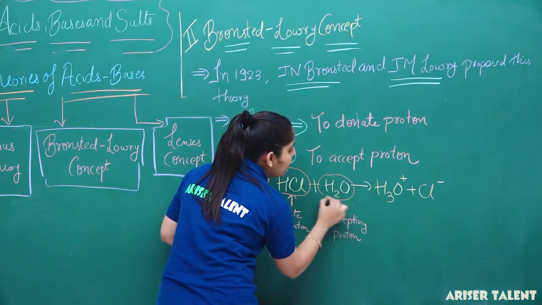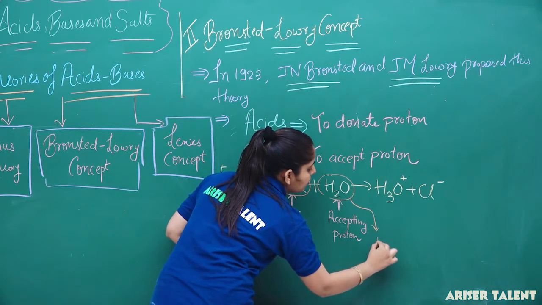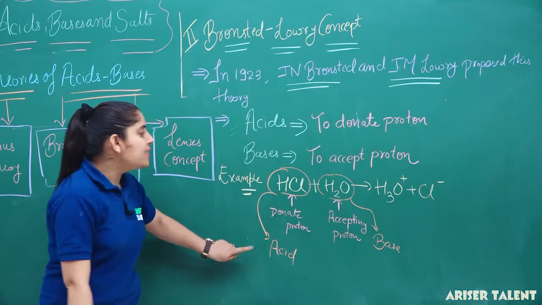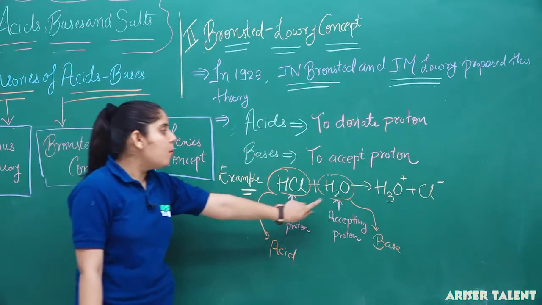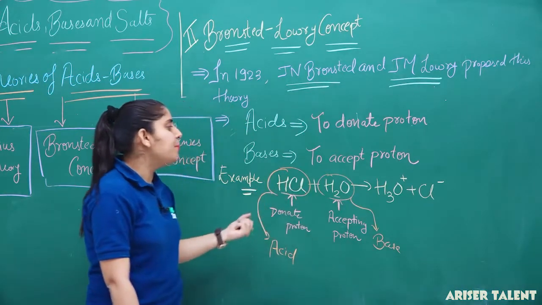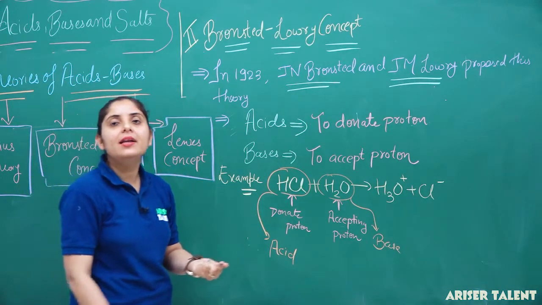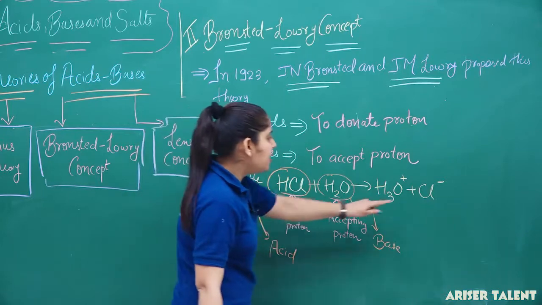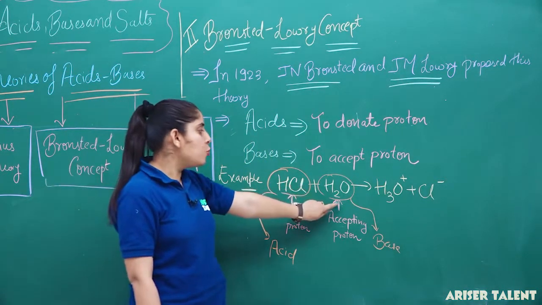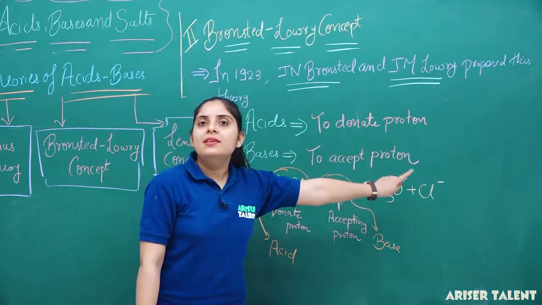So we can say the water is a base. Now this acid is going to form H3O positive, and this water accepts the proton to form hydronium ion, and chloride is liberated from this. So we can say that this is acid 1, this is base 2, this is acid 2 and this is base 1.